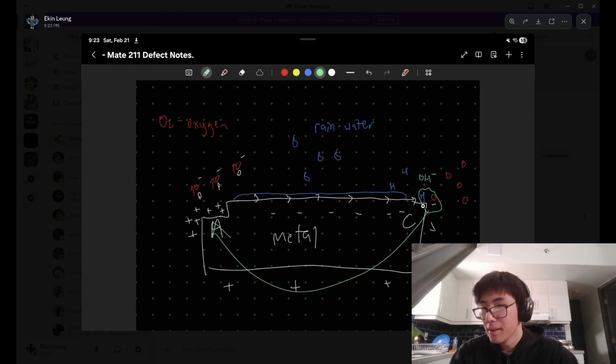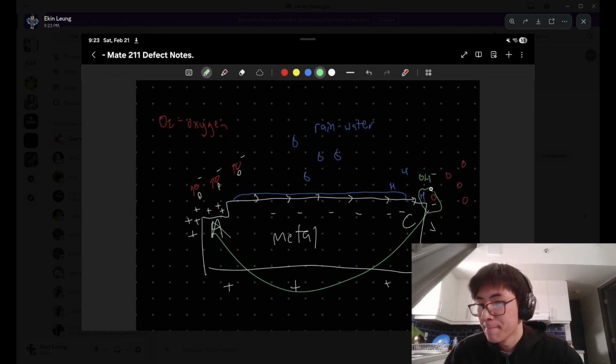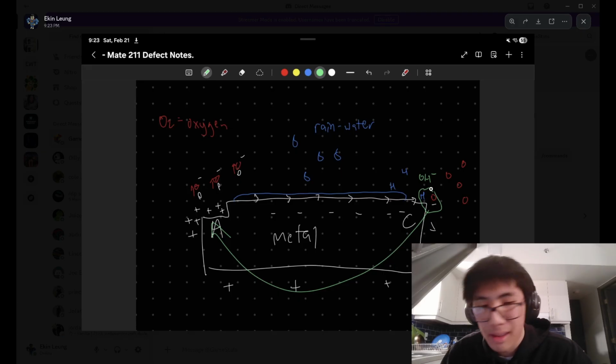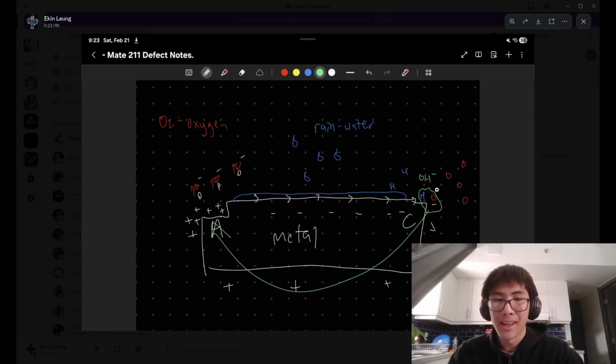Okay, now at the cathode, once all these teams reach the cathode, the electrons and the oxygen and the hydrogen from this water combine and make hydroxide ions. Then the circuit is complete when this goes back here.